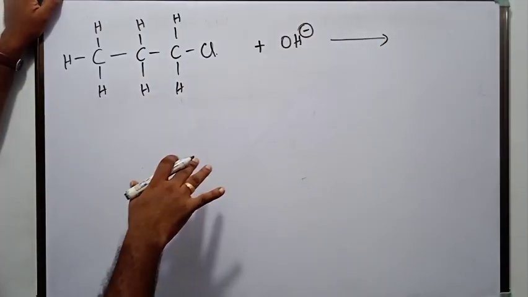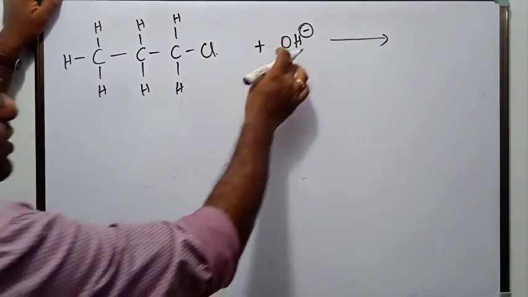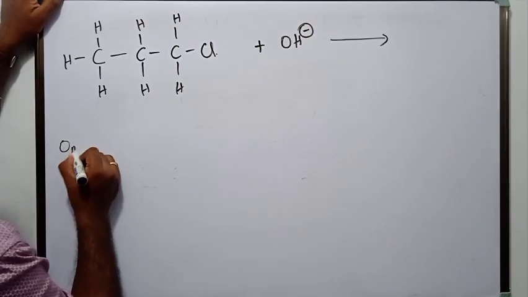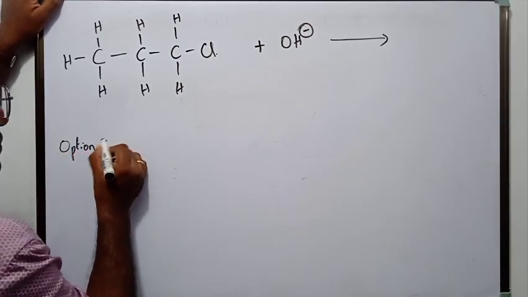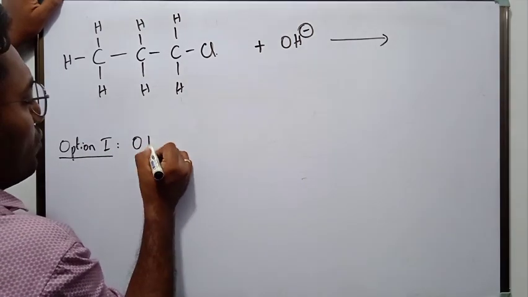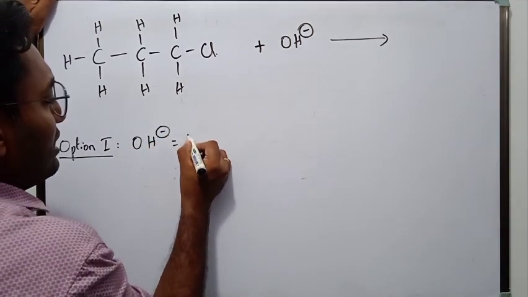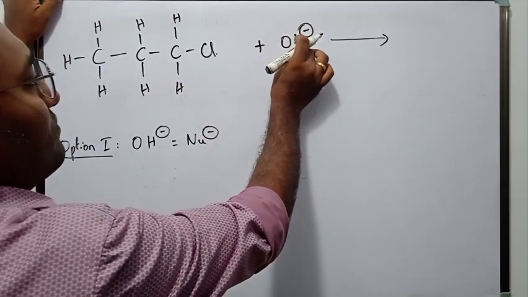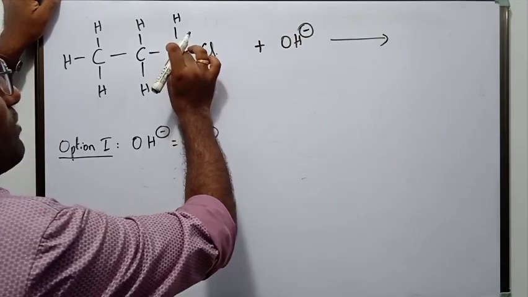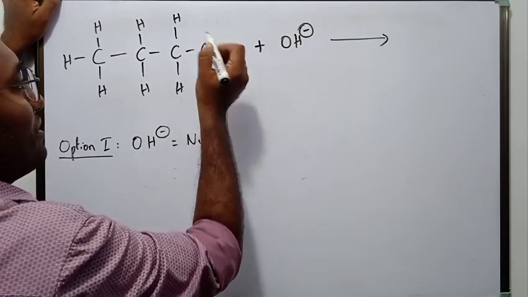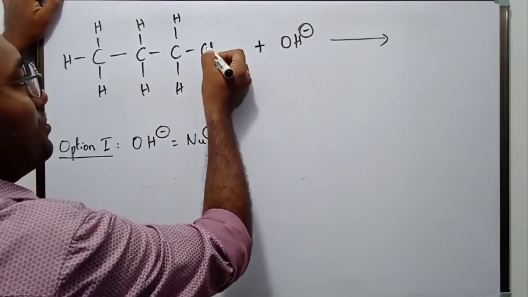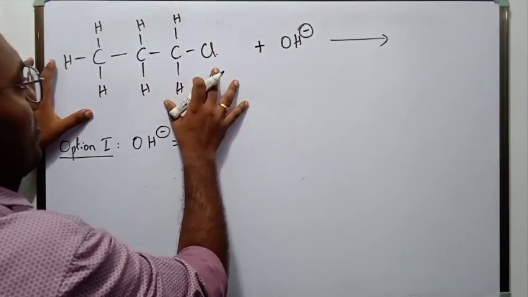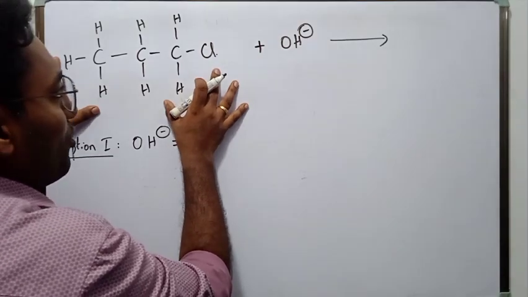Before saying this, let me remind you that OH minus actually has two options. Option 1: OH minus can act as a nucleophile. If it acts as a nucleophile, it would attack this carbon atom which is having chlorine, and it would substitute chlorine, and in that case the product that will be formed is n-propyl alcohol.